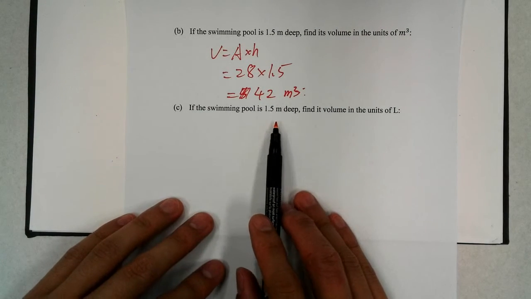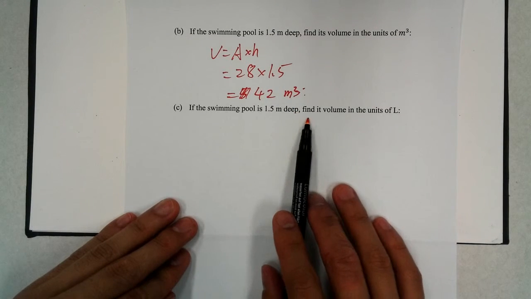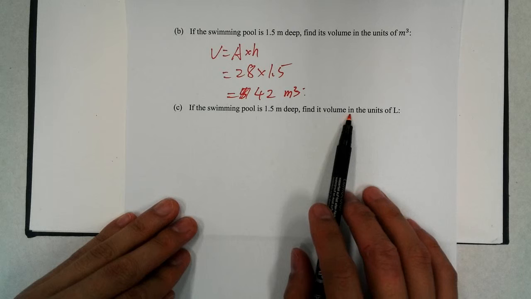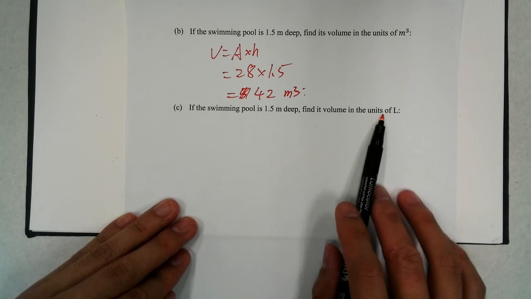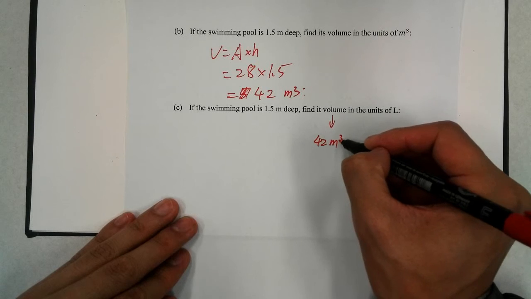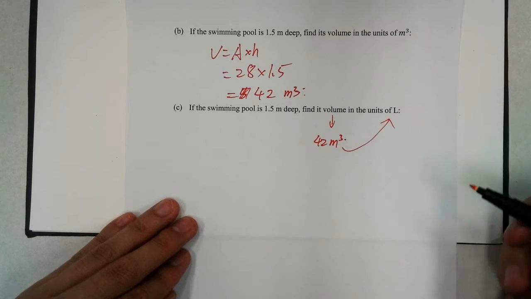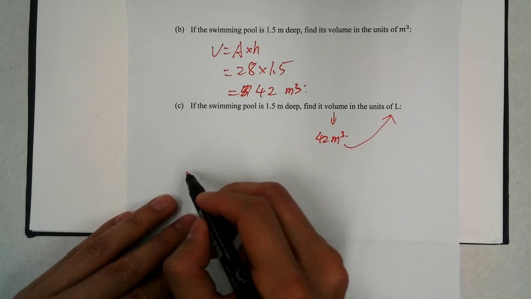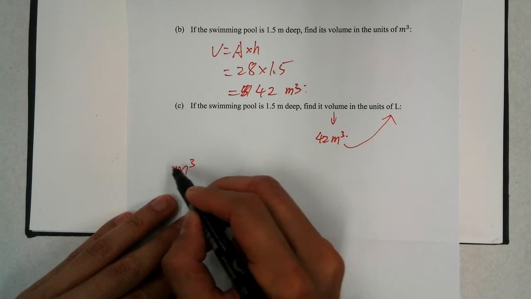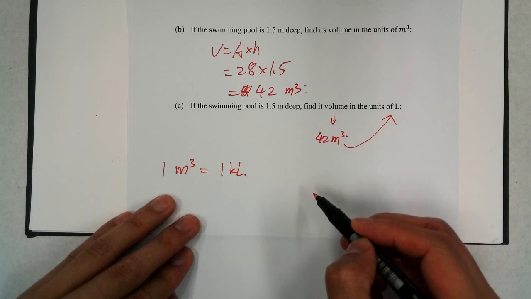And the next one. So if the swimming pool is 1.5 deep, okay, same. Find the volume in units of liters. So now actually we have found the volume, which is 42 meters cubed. What we need to do is convert to liters. So as we remember, 1 meter cubed is equal to 1 kiloliter, right?